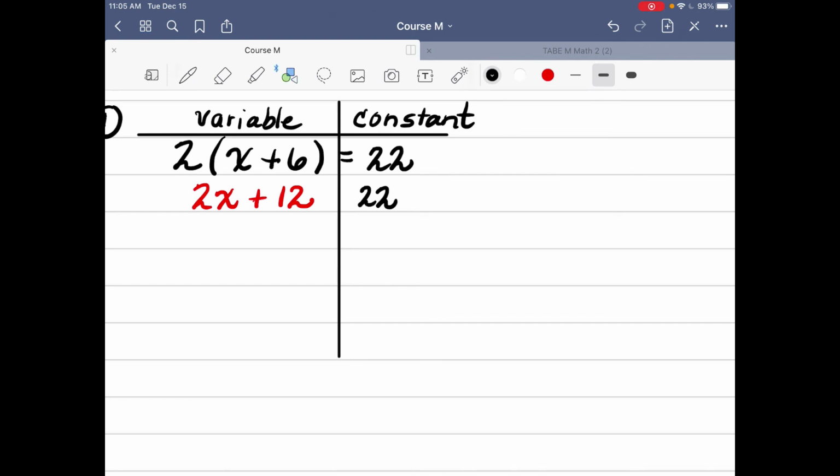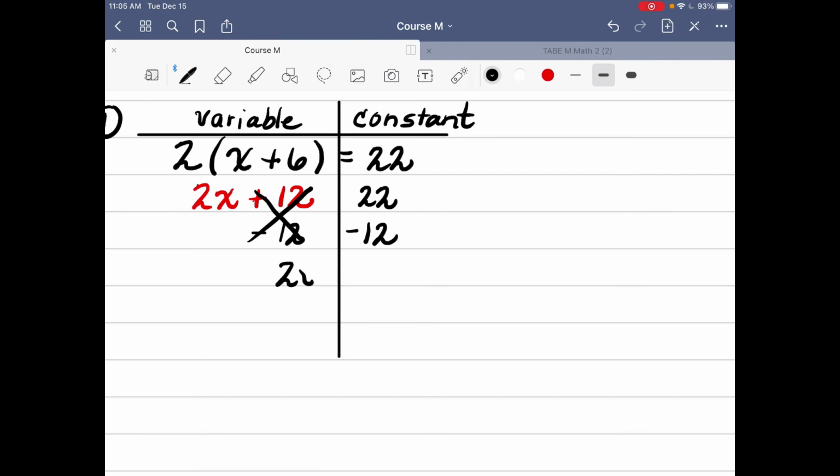And if you feel better once you distribute, cancel that out. You can always do that and get rid of it if it bothers you. Then I'm going to move the 12 over to the constants team.